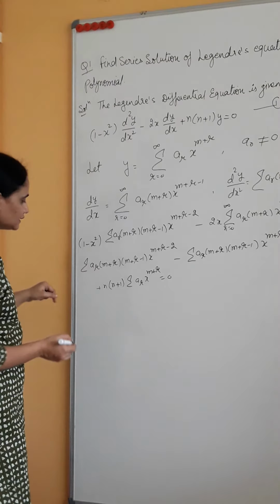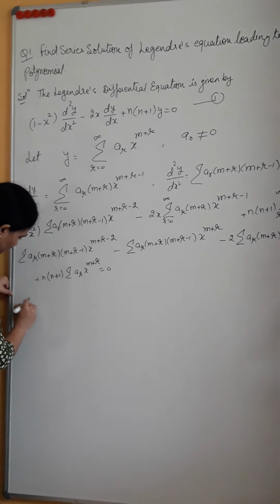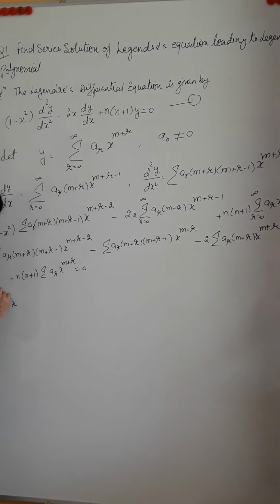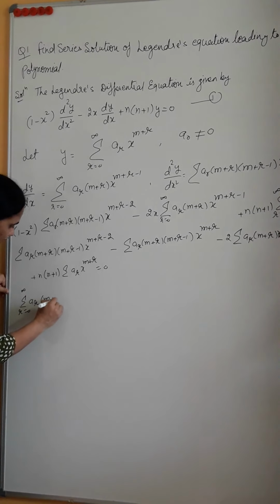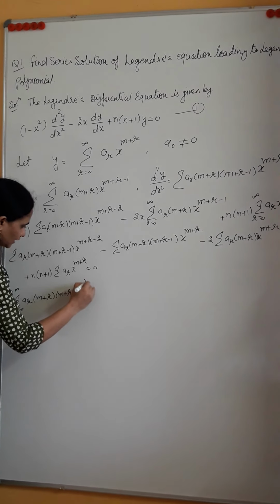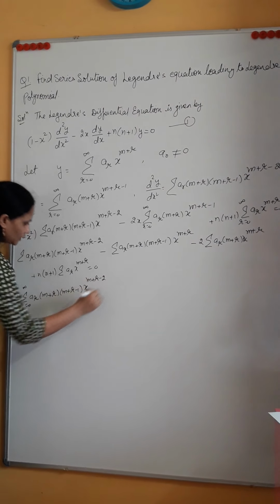Now let's summarize this, taking the same powers together. So summation over r varying from 0 to infinity of a_r (m plus r)(m plus r minus 1) x power (m plus r minus 2).